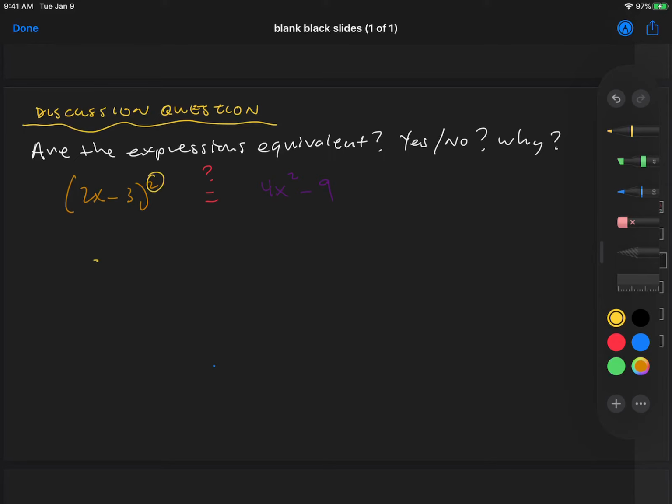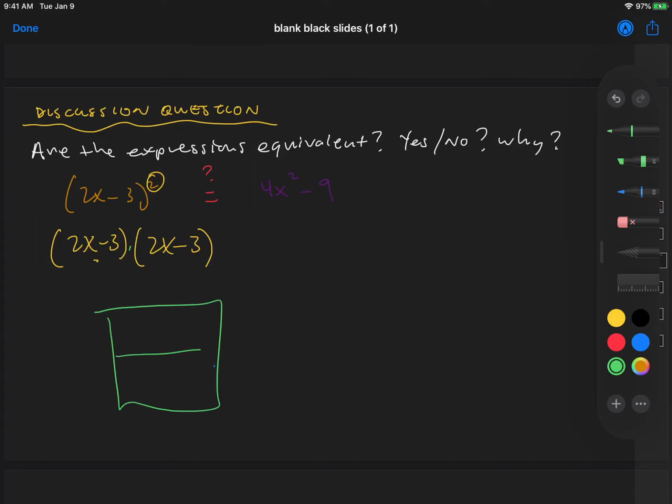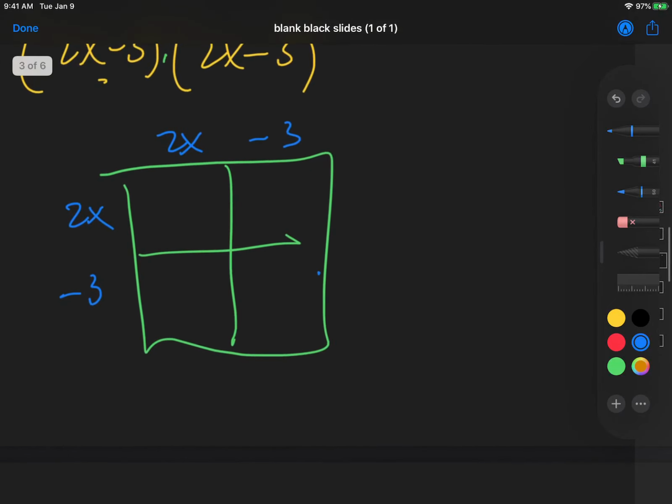What that means is there's two of them, 2x minus 3 and 2x minus 3. Because you have multiplication here, we can use the box method. So I have 2x minus 3 and 2x minus 3. We're first going to multiply, and then we're going to add or combine like terms.